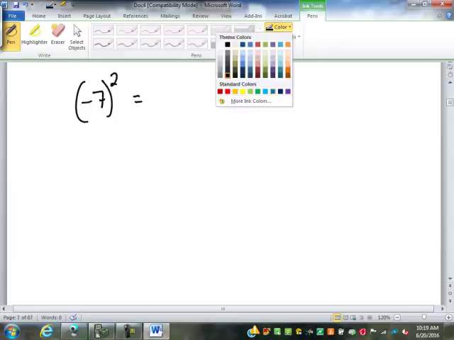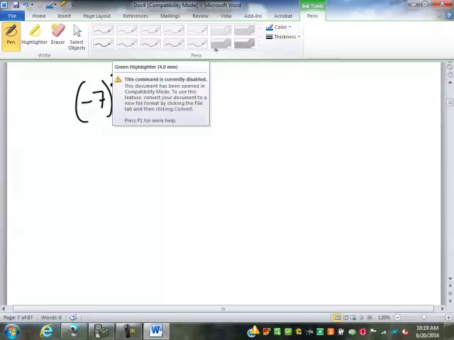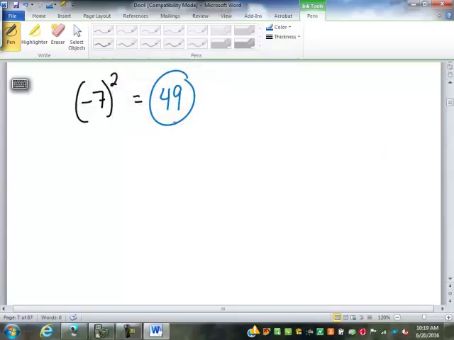Any number squared will give us a positive. Because remember, a positive times a positive is obviously positive, but a negative times a negative is also positive. So since when you square something, it's always just taking it times itself, the result must be a positive number, no matter what the number is you're starting with.